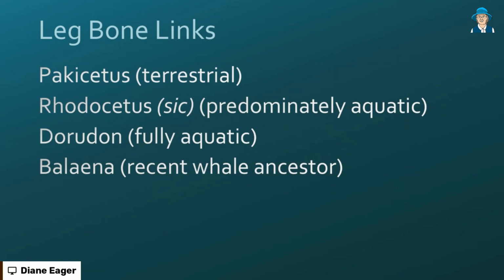Durodon and Baleen, and they identified Baleen as a recent whale ancestor, but in fact Baleen are still alive today. So let's go and have a look at all of those things and see whether they really show a transition from one to the other, and there's a point to be made at the end there.